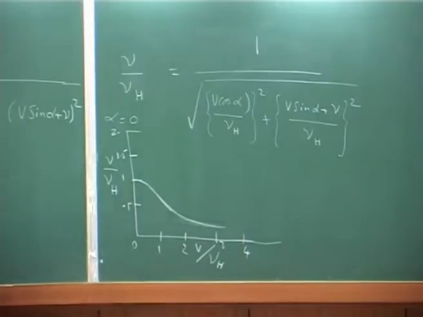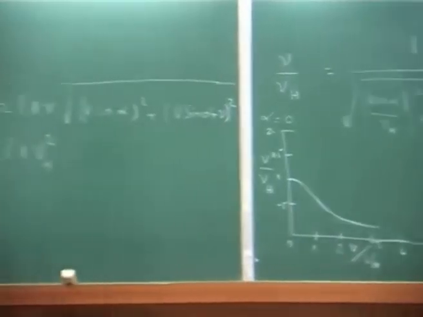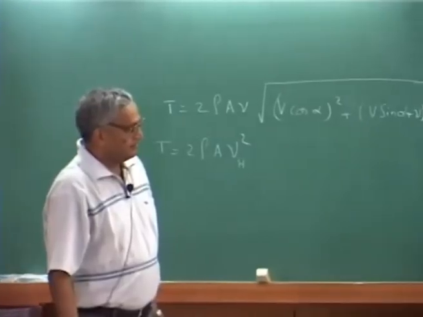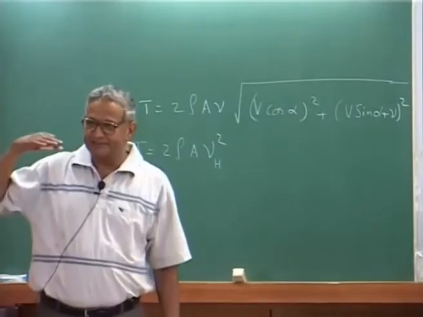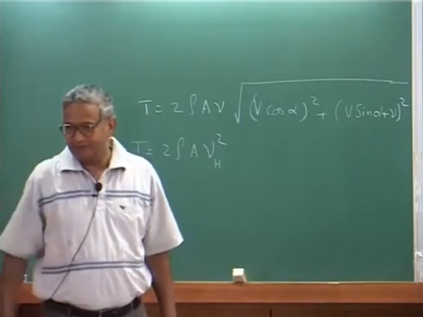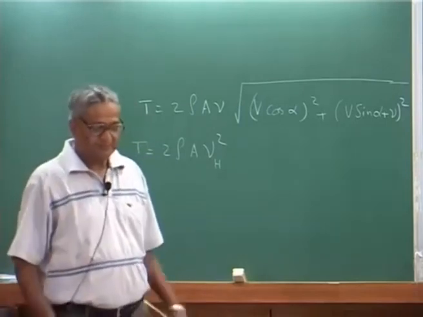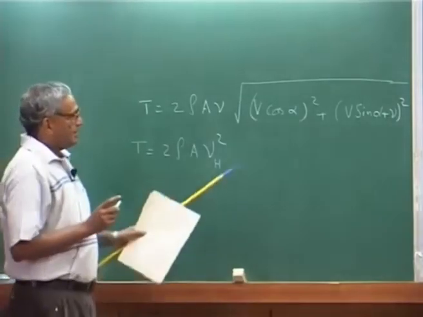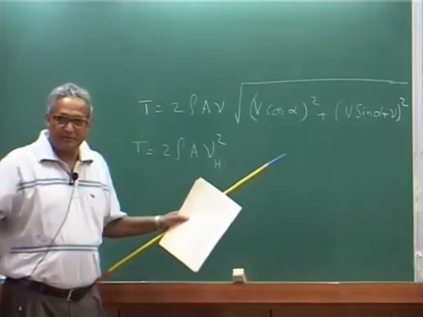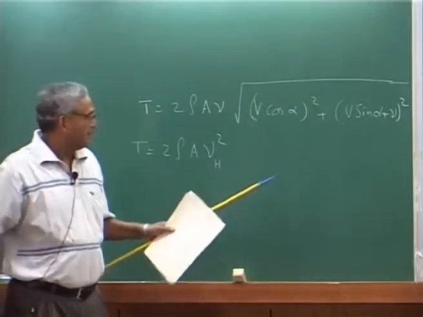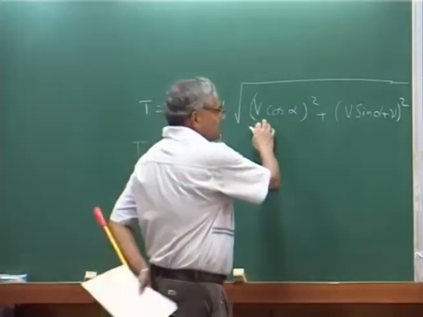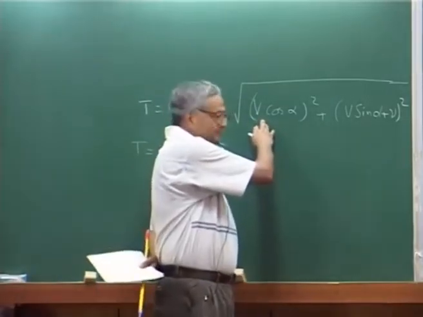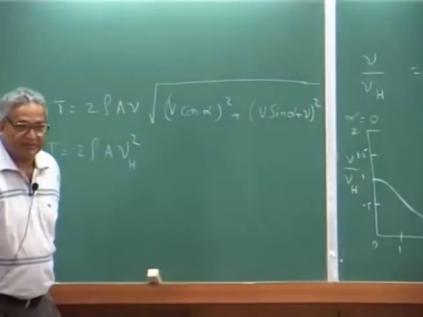Now another question which we can have is, because you were also asking last class, when will the rotor behave like a wing, at what speed? Because we mentioned last class, at high speed the rotor behaves like a wing, in which case v is much larger than the inflow velocity.